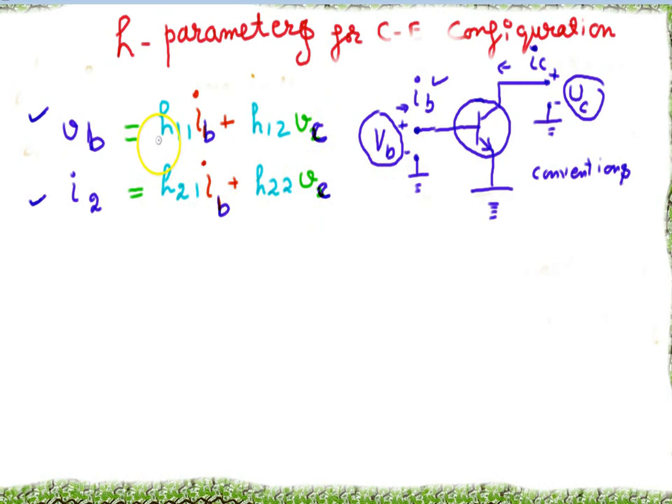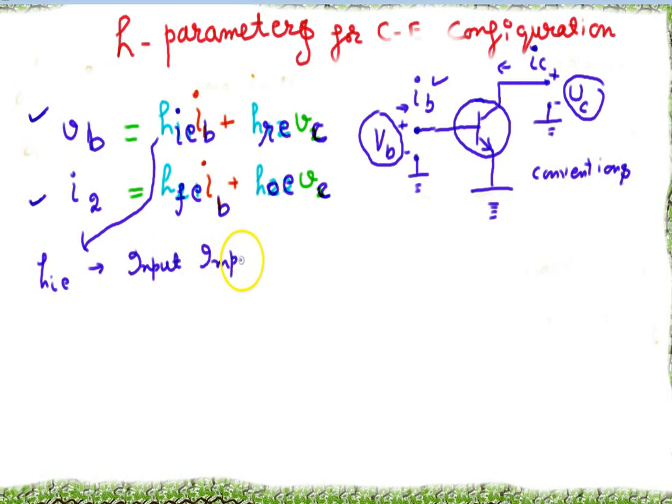The input current I1 is changed to IB, output voltage V2 to VC, and we put E here. And V1 as VB, and I2 is not changed here, but it is no doubt IC. And what is HI called? Input impedance. You know why? Because it is the ratio of VB upon IB.